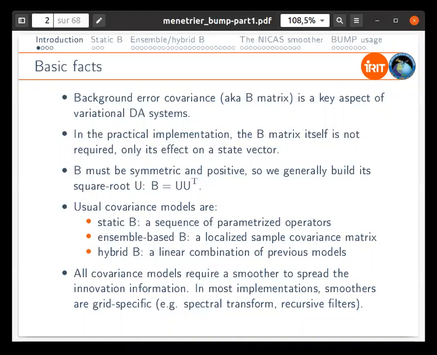And these two models can be combined to give the hybrid B. All covariance models will require a smoother to spread this information spatially, and in most implementations it will be grid specific, but here we will see that BUMP includes a generic smoother.